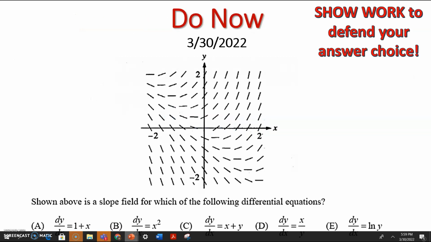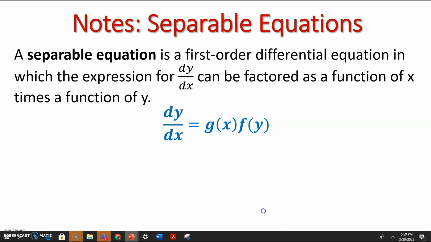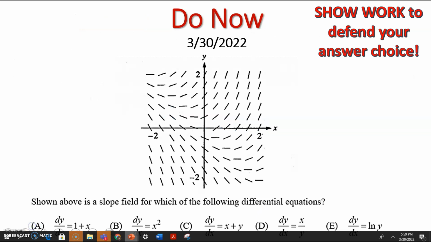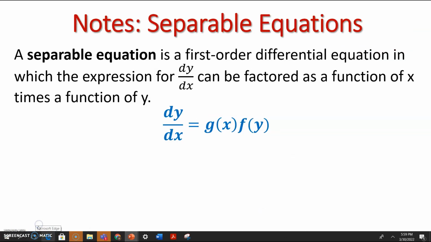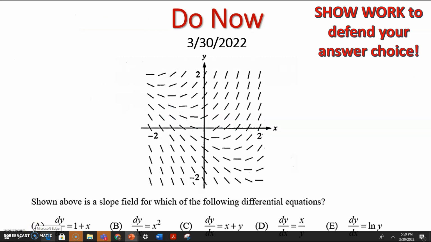So if we look back here, you will notice that our first function, dy/dx is x plus y, is not separable because it's a sum, not a product, but dy/dx is x over y is what we call separable because it can be written as x times 1 over y.